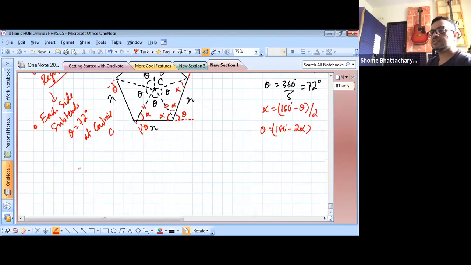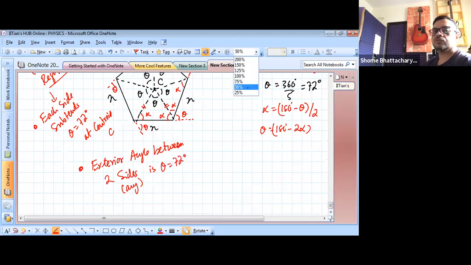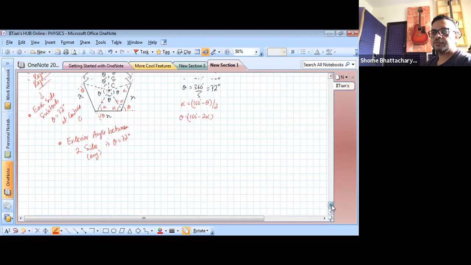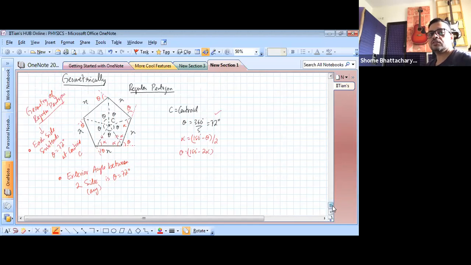This also tells us that the exterior angle between two sides, any two sides, is also theta equal to 72. So just note down this fact about the regular pentagon, and then I'll show you how this is used in solving this particular question.